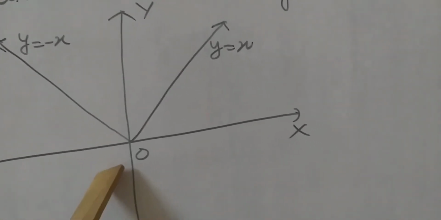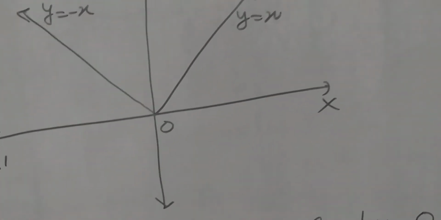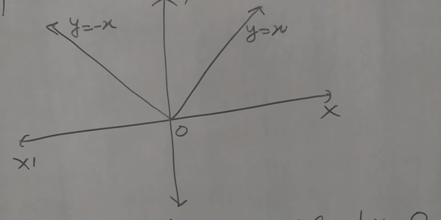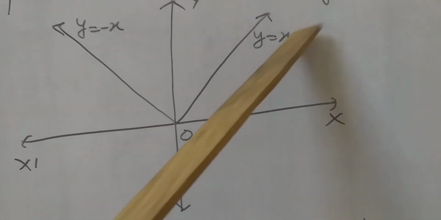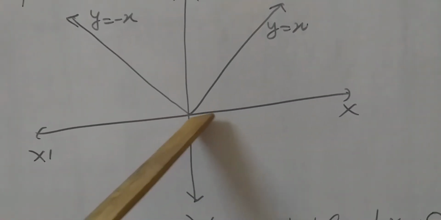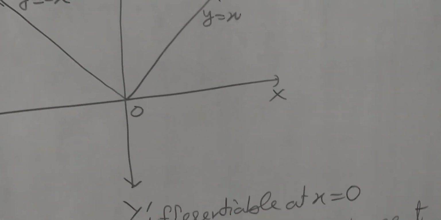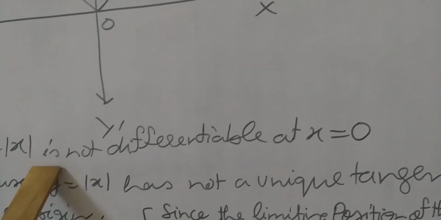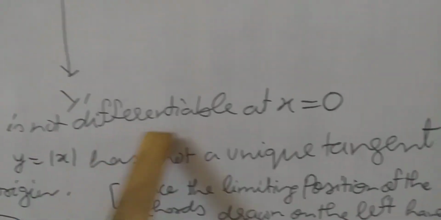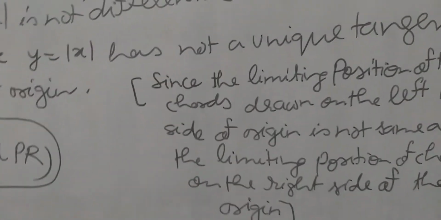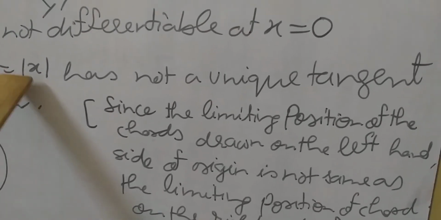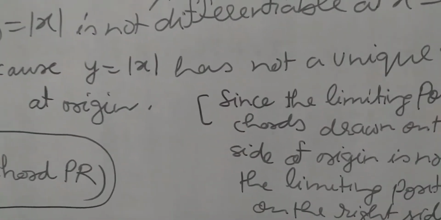So that's why the slope is coming different here. That's why we cannot get a unique tangent at O, at the point 0 here. That's why f(x) equal to mod of x is not differentiable at x equal to 0, because y equal to mod of x does not have a unique tangent at the origin.